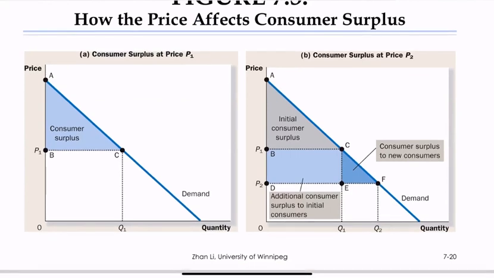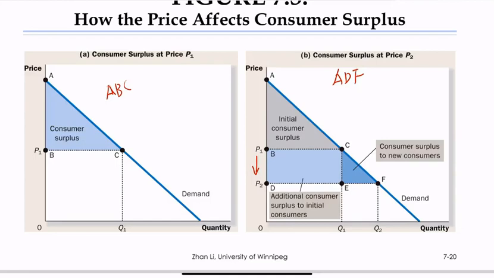Okay, great. So let's look at the picture on the left-hand side. So basically, the price is at P1, right? And then consumer surplus is given by the triangle ABC. And now you can see that if the price P1 decreases to P2, now the consumer surplus is given by ADF. Right? Again, a triangle, ADF.